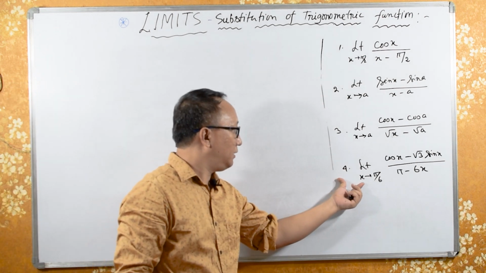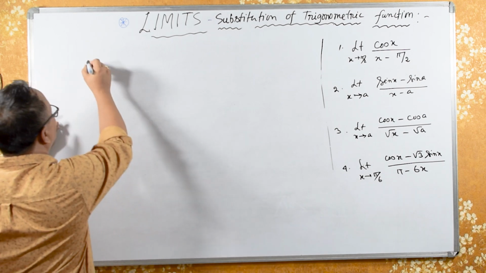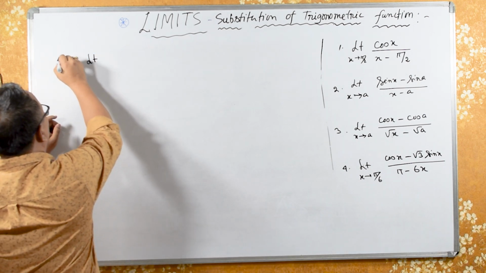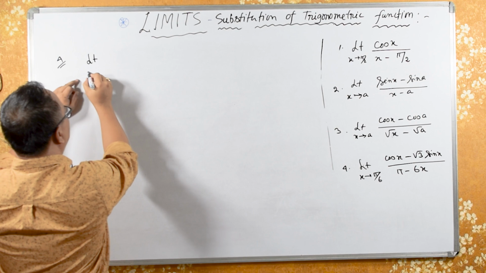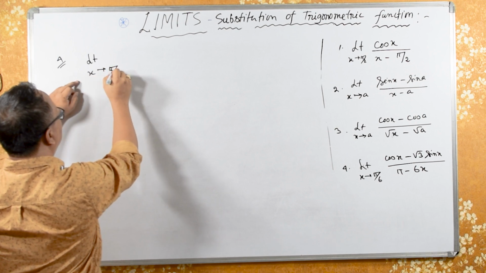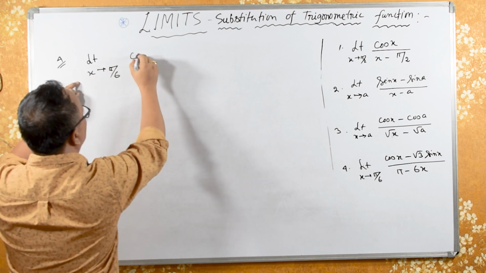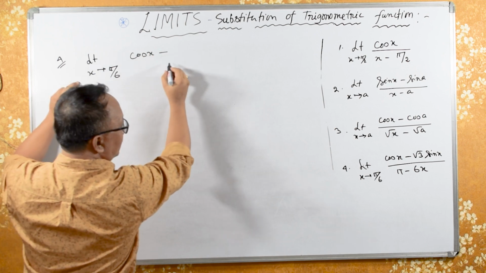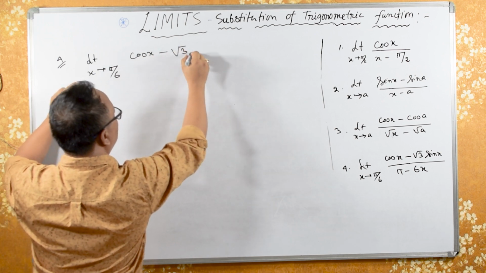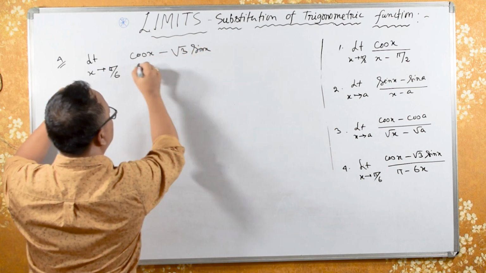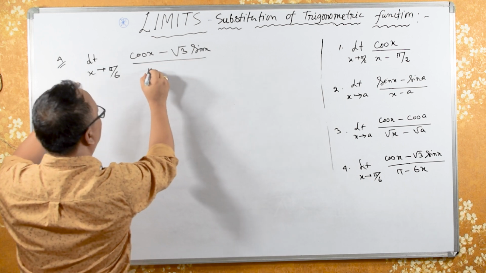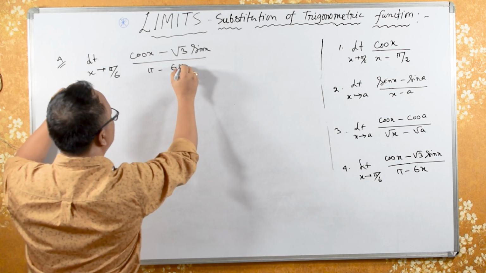Now 4. Here we have limit of x tends to pi by 6 of cos x minus root 3 sin x upon pi minus 6x.